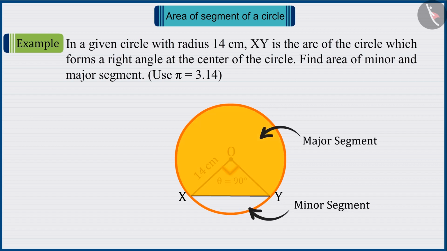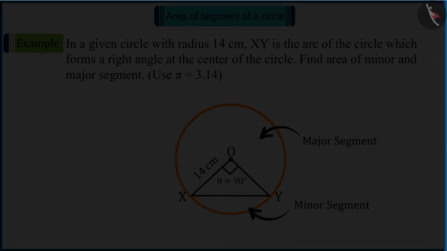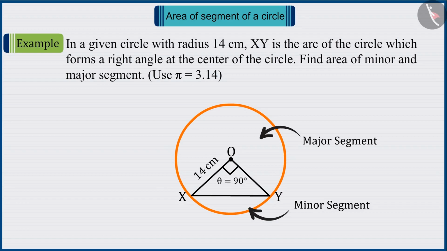So can you find the area of the minor and major segments? Here use the value of pi as 3.14. Pause the video to solve the question and then match your answer. Come, let's see.